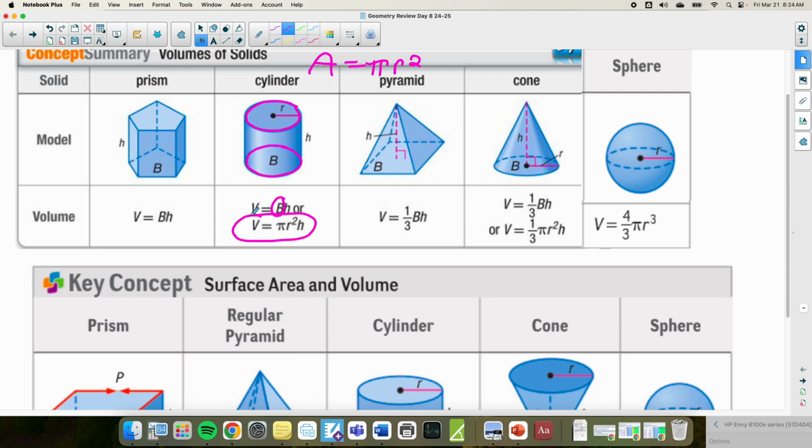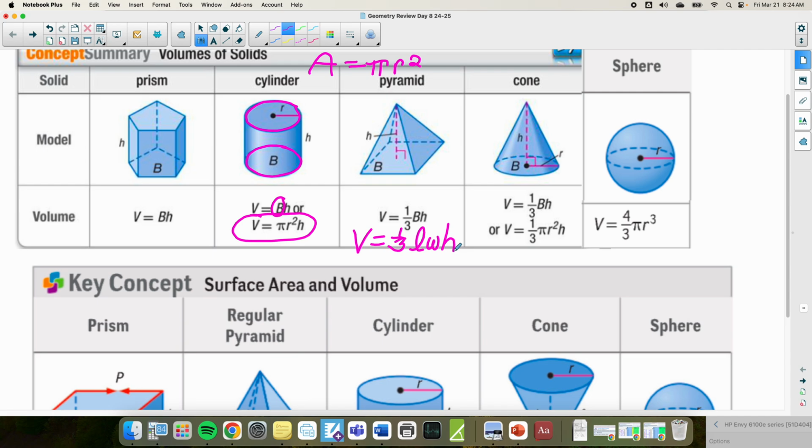So again, remember it's 1/3 times area of the base times height. Another way you can do this is 1/3 length times width times height. So a pyramid would be 1/3 length times width times height.